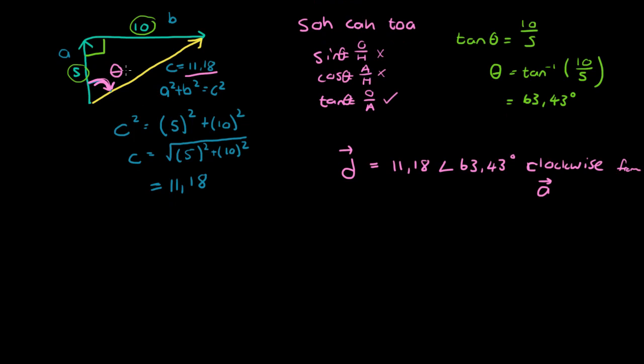Now you may have noticed some of the words I used for that overall vector, this guy over here, represented by D. You may have noticed I used the word sum vector, or total vector, or net vector, or resultant vector.